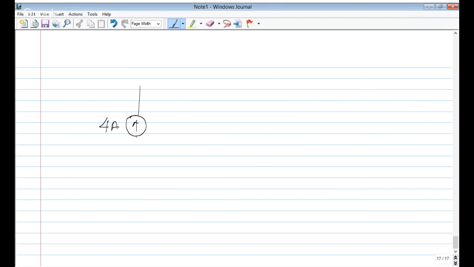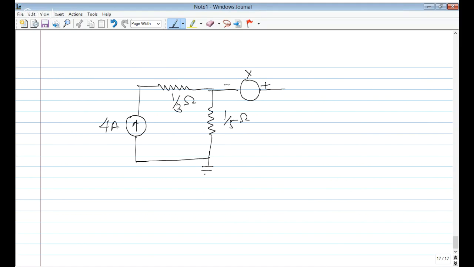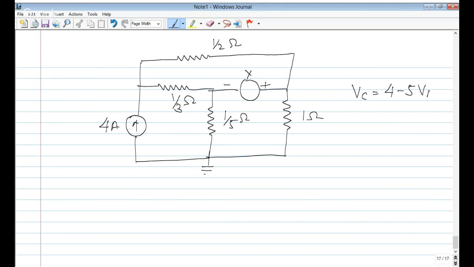This is 4 ampere, 1 by 3 ohm, then 1 by 5 ohm, X, 1 ohm, 1 by 2. Now it is saying VC is 4 minus 5 VB.